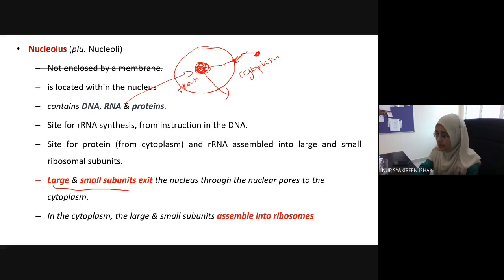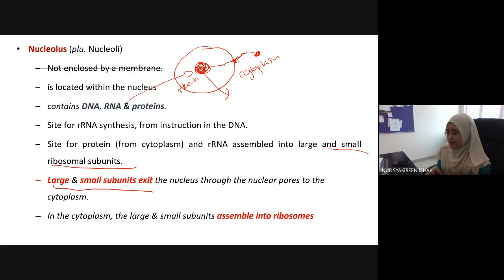The large and small subunits of ribosome. Maksudnya protein daripada cytoplasm bawa masuk ke dalam nucleus, enter into the nucleolus where the protein will combine together with the rRNA to form the subunits of ribosome.